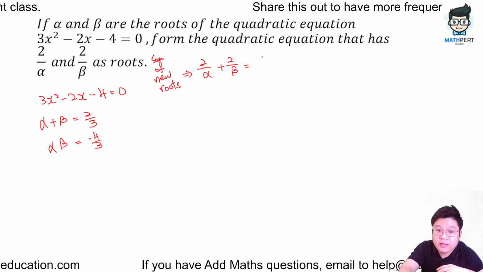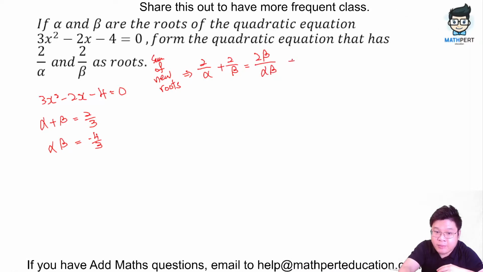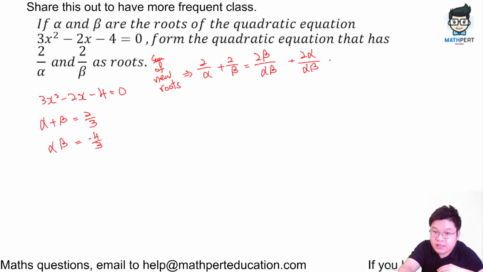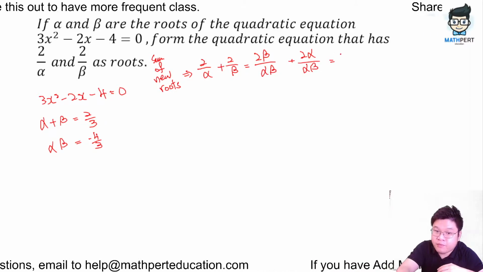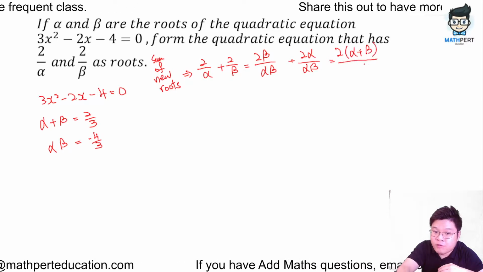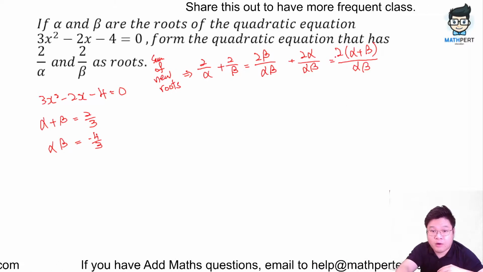It will be 2 beta over alpha beta plus 2 alpha over alpha beta. We group them together and get 2 times alpha plus beta over alpha beta. We factor the 2 out.